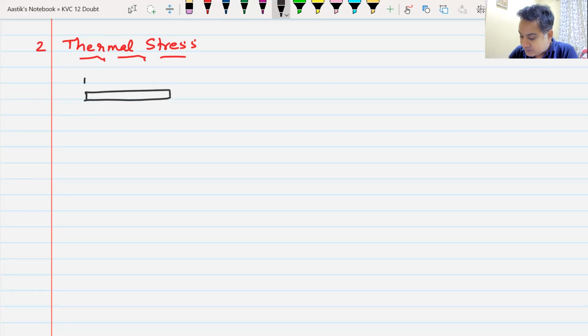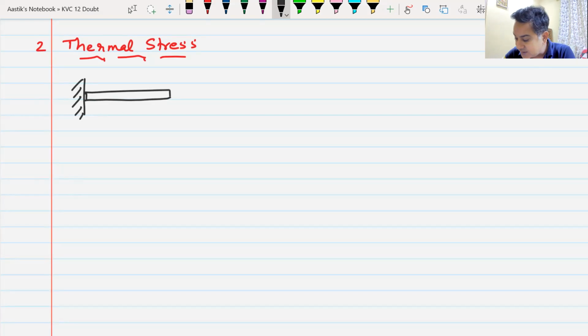Now, if I clamp this rod from one end, if I fix it to a wall from one end so that it cannot expand from that end, and I increase the temperature of this rod, since it is free to expand from the other side, it will expand from that side, and there will not be any stress developed in the material.